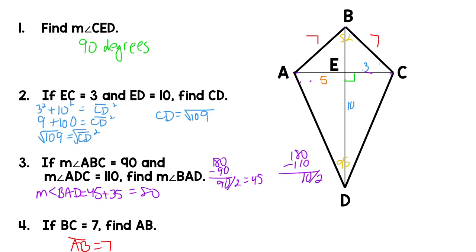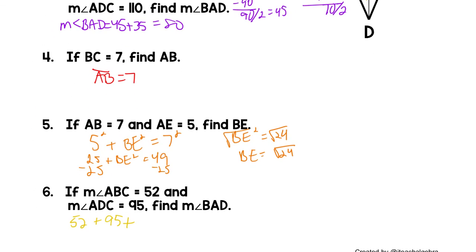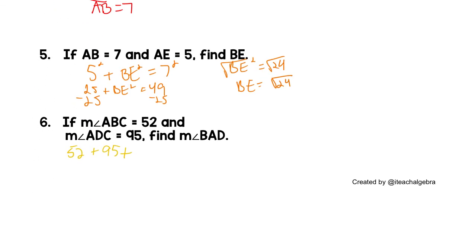Well, BAD is this guy here, and only in kites, I called it a trapezoid, it's a kite, only in kites are these two opposite angles the same. So BAD and BCD are the same. So instead of worrying about what BCD is, we're just going to say 2 times the measure of angle BAD will equal 360.